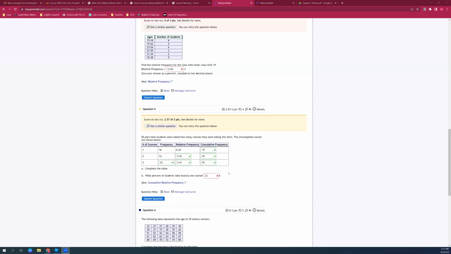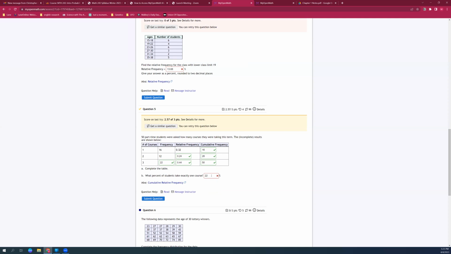You see the right one. So it should be 32. And wait, how do we get that again now? Because it's asking you for what percent of students take exactly one course. Oh, I just did the math. I was thinking it oppositely, I guess. Yeah, so it's that relative frequency, right? Oh, I can't annotate on yours.